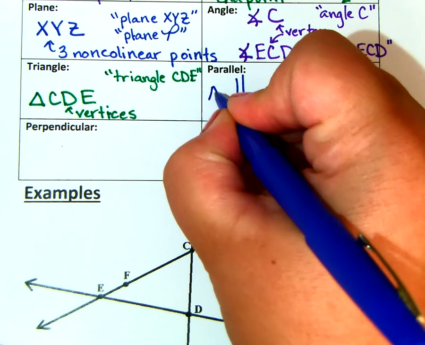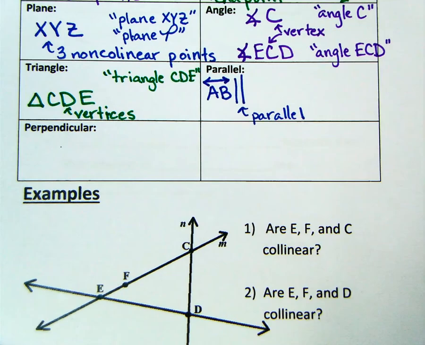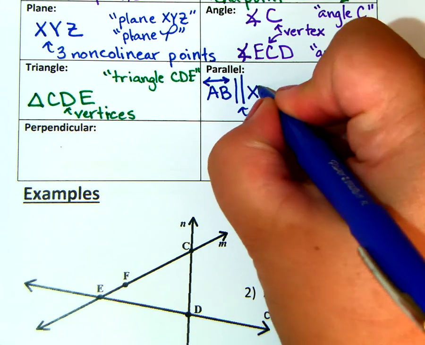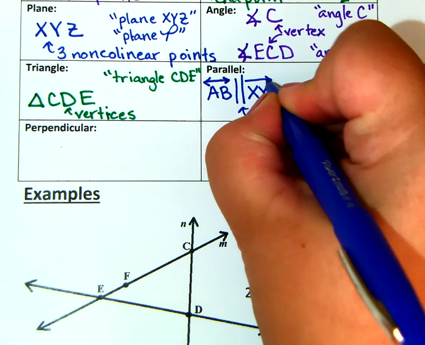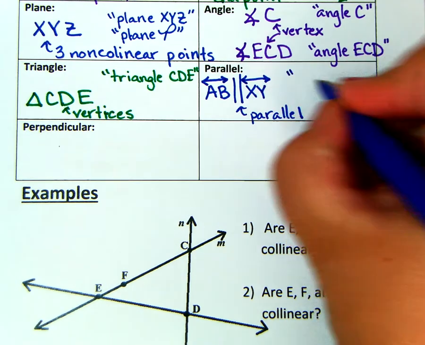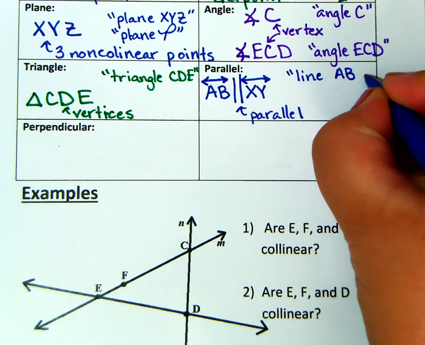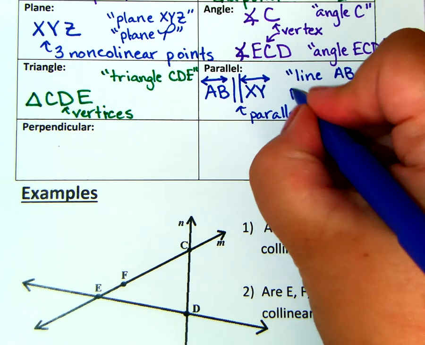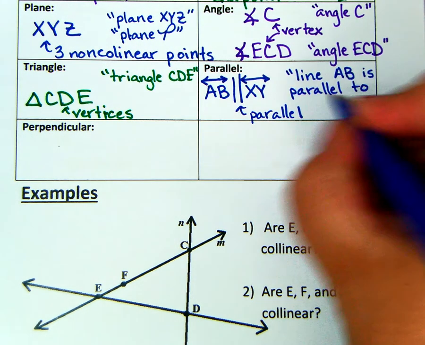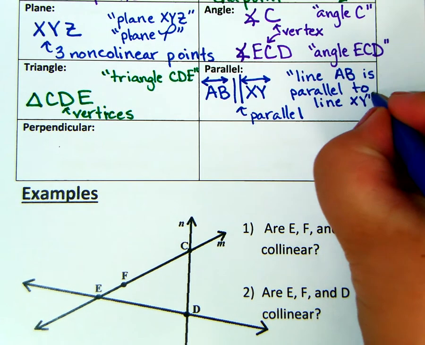So line AB, I have to represent it as a line, is parallel to line XY. And just like I just said it, line AB is parallel to line XY.